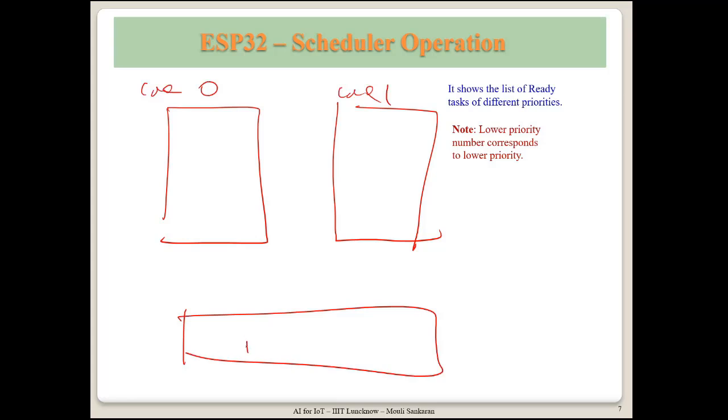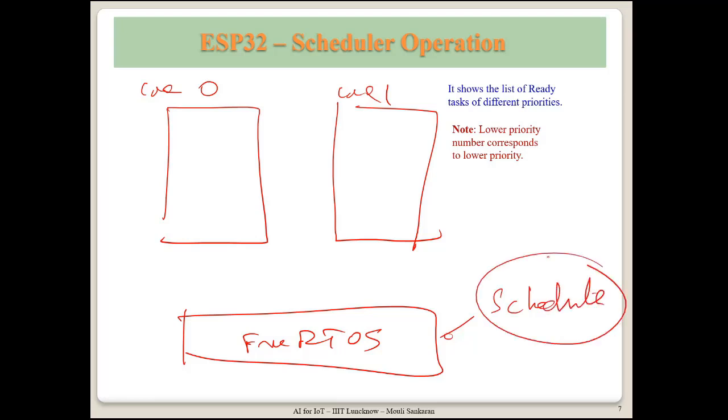FreeRTOS, our friend, has one scheduler. It's a scheduler function which will be called when one of the cores needs to remove the task which is currently running and bring in some other task.